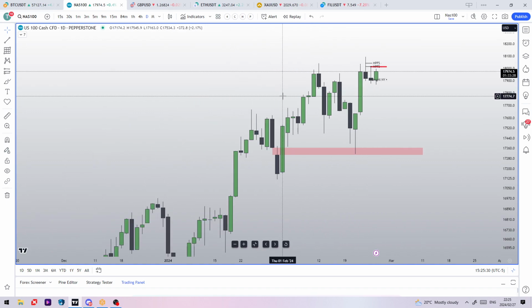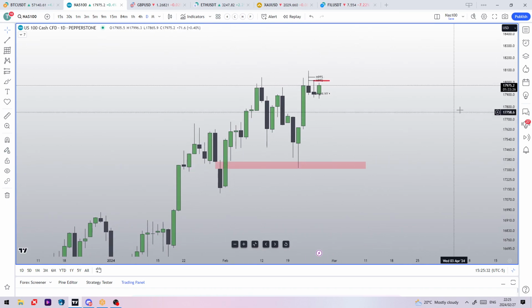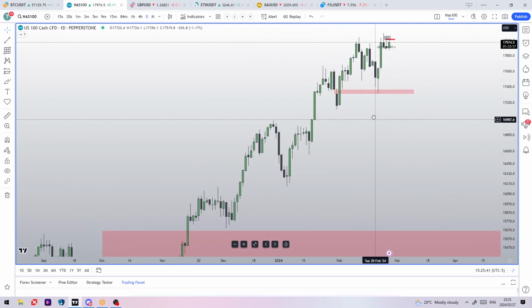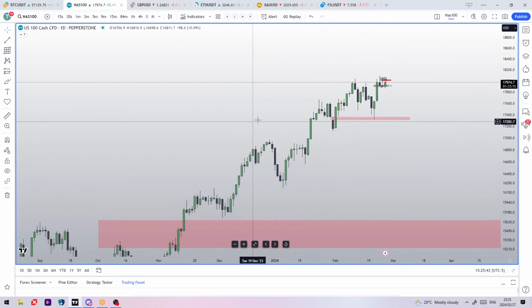So low risk entry vibes. Overall, still bullish. You can't be too bearish. This may just be minor retracement and then we head higher, right? It's been in that phase.